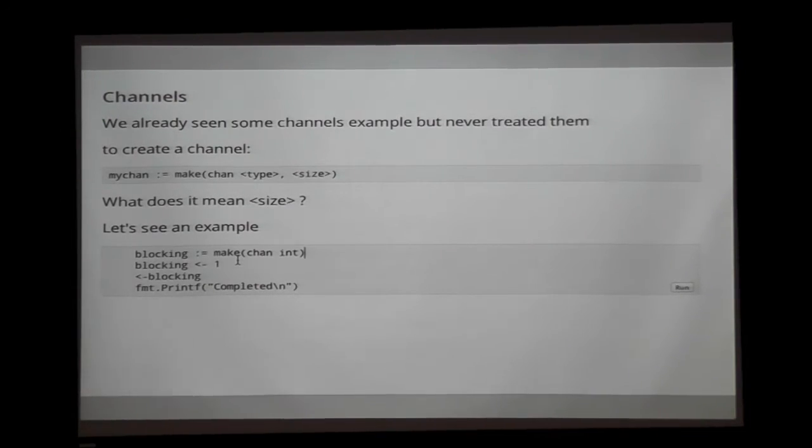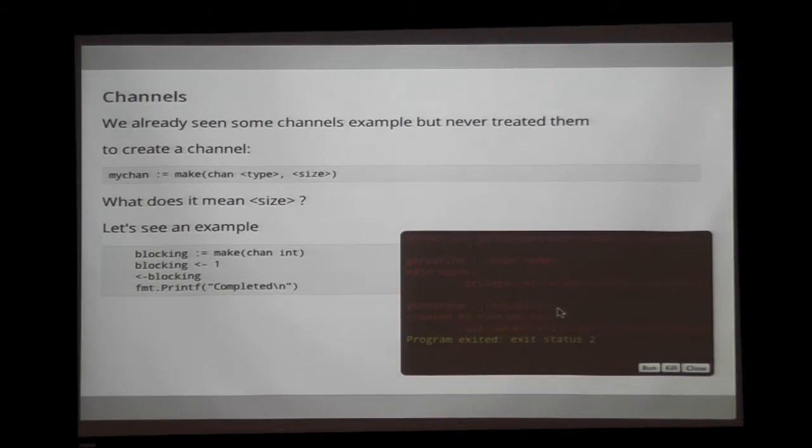The coroutine that's sending to the channel will block until some other coroutine pops from the channel. So this is the same coroutine, and we are sending to a channel of integer the value 1. And as you might guess, this will deadlock.